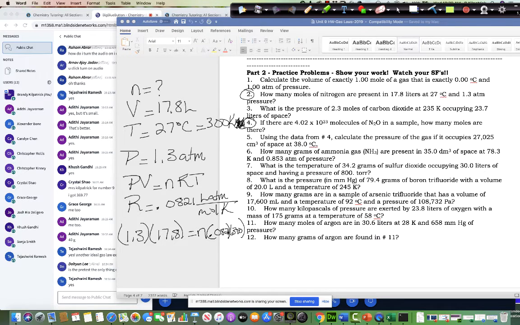All right, so 0.0821 multiplied by 300 is 24.63. 1.3 times 17.8 is 23.14. Then divide both sides by 24.63. You're going to get 0.93.